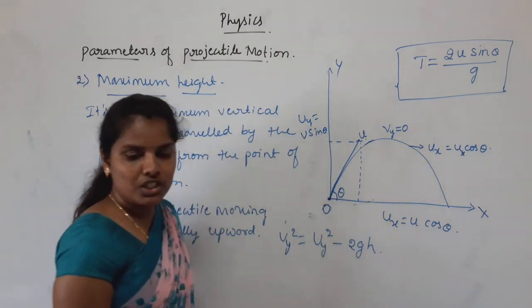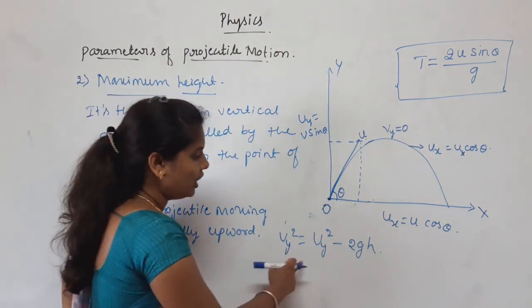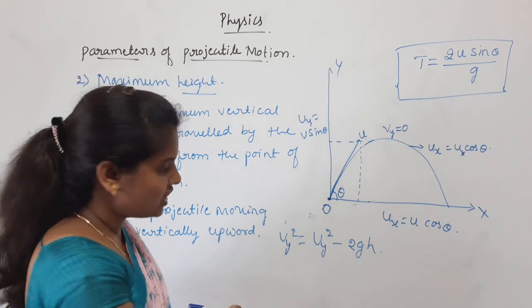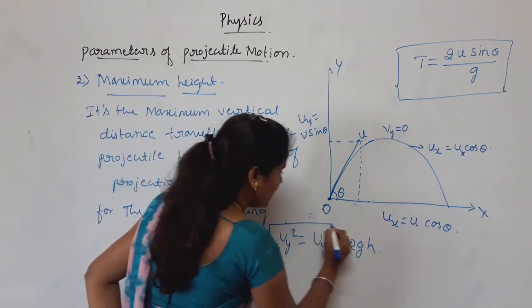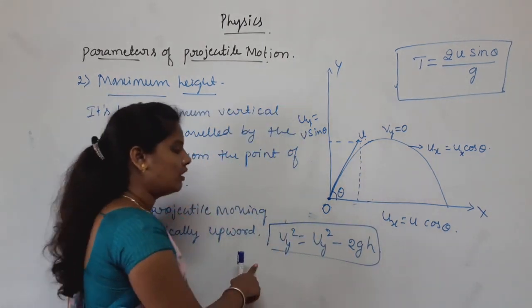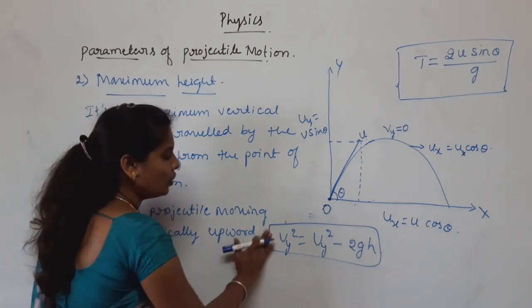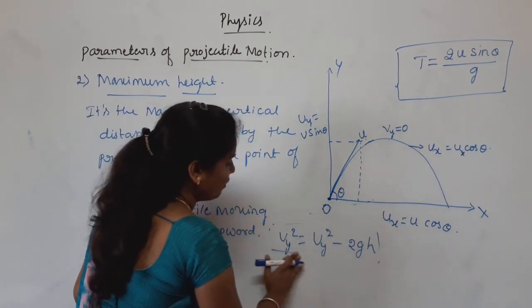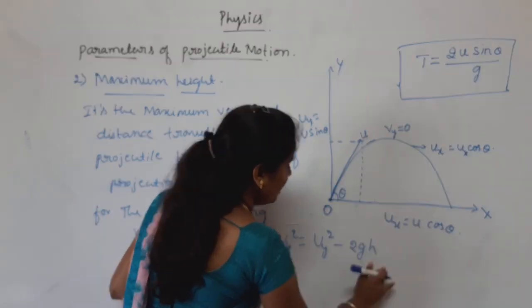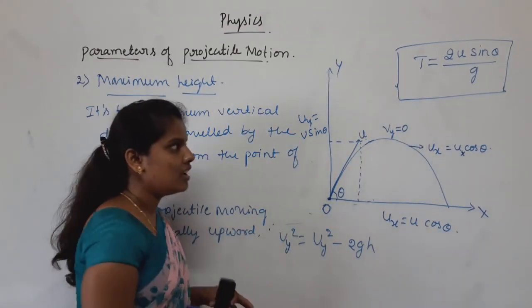This is the equation when the projectile is moving in the upward direction. Now we know that the velocity along the y-axis, Vy, is 0.